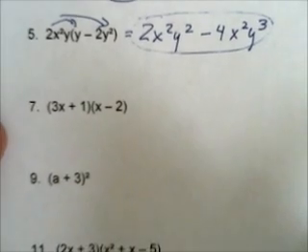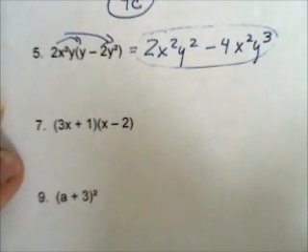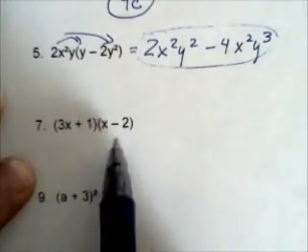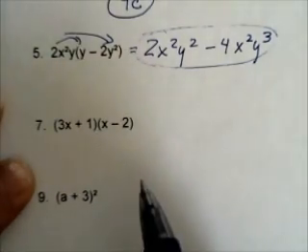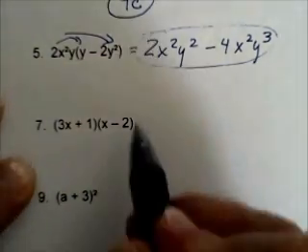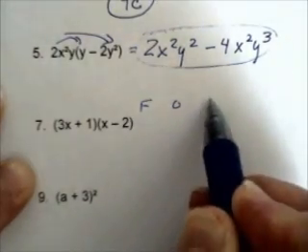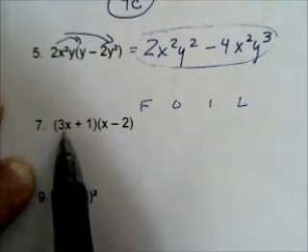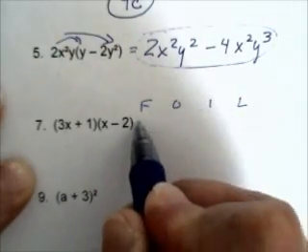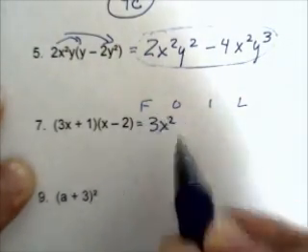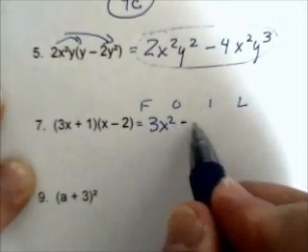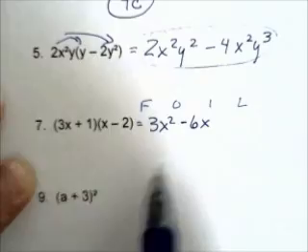Next, number 7, we have 3x plus 1 times x minus 2. This is the product of two binomials, so we're using FOIL. I'll work this out in case anyone has forgotten. First term's 3x times x, 3x squared. Outside, 3x times negative 2, negative 6x.